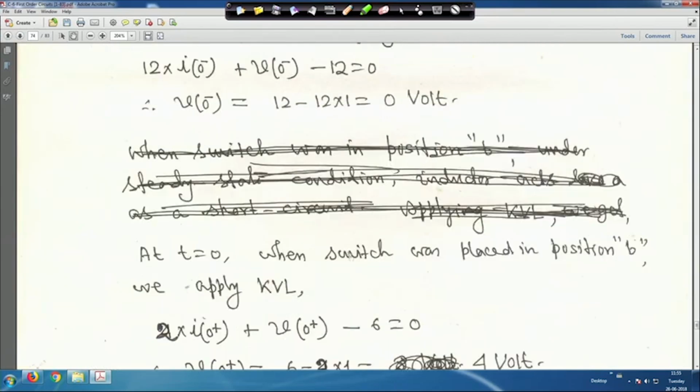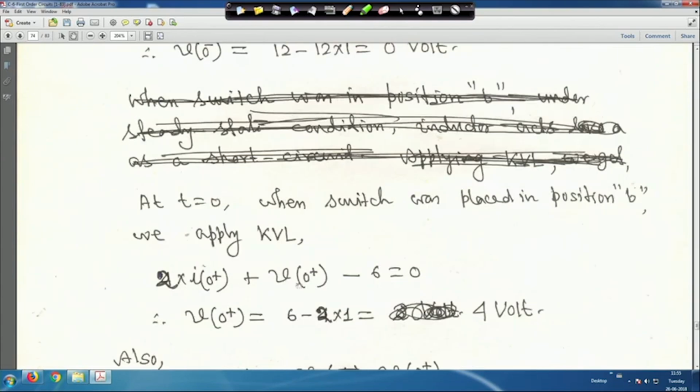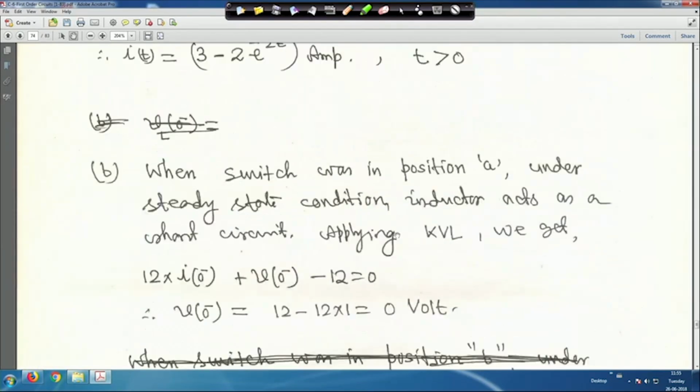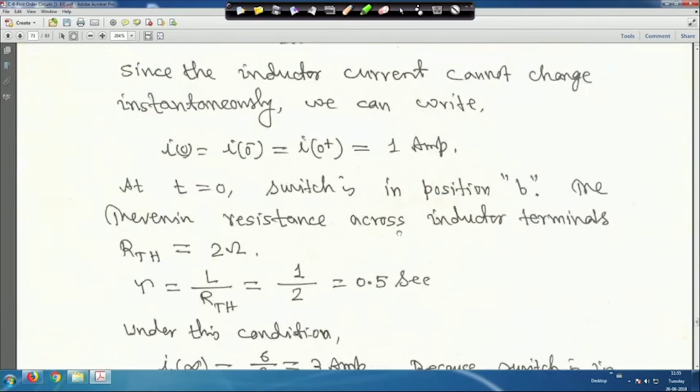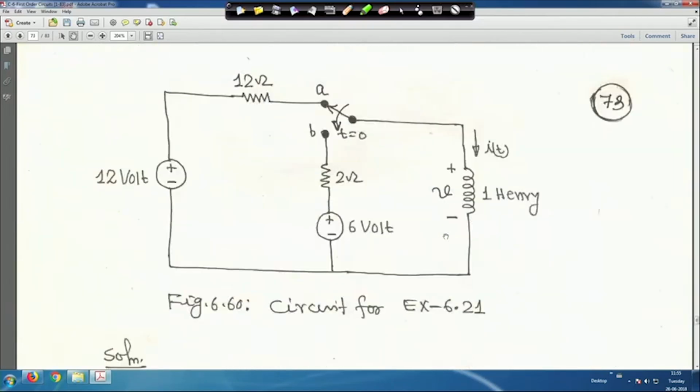Now, at t is equal to 0, when the switch was placed in position B, we apply KVL. So, when the switch is in position B, I will look into this circuit. You apply KVL in this loop, and suppose the current is I 0 minus, which is equal to I 0 plus, right.